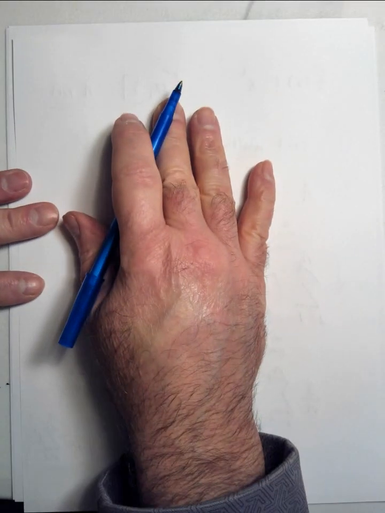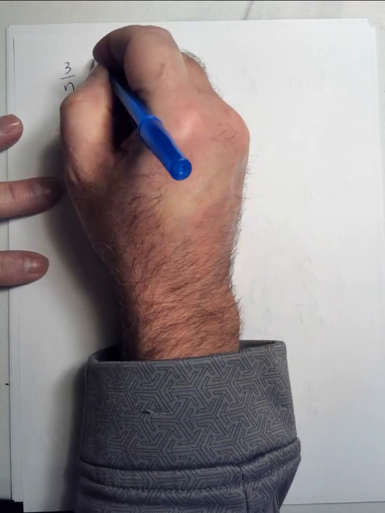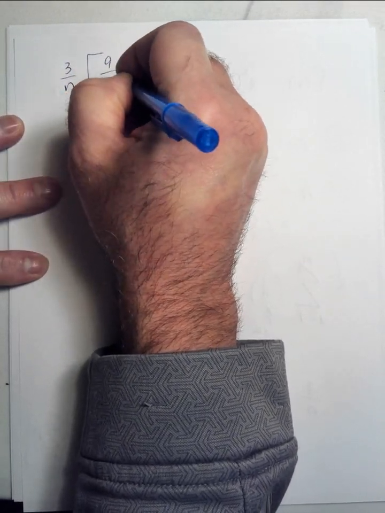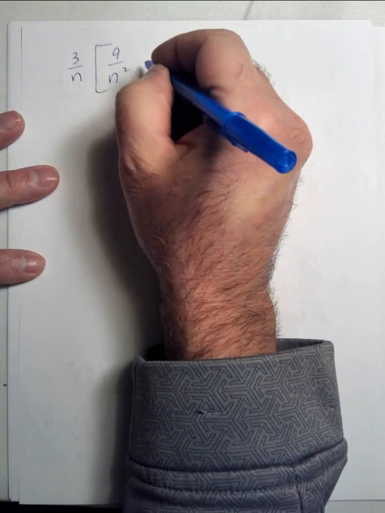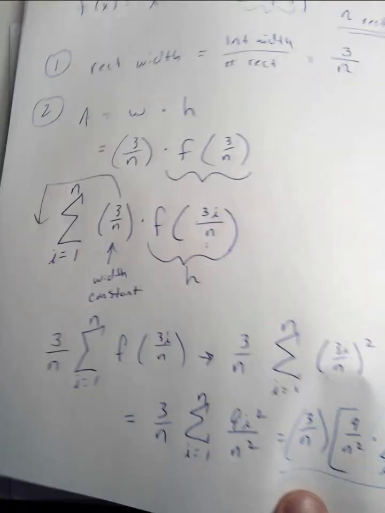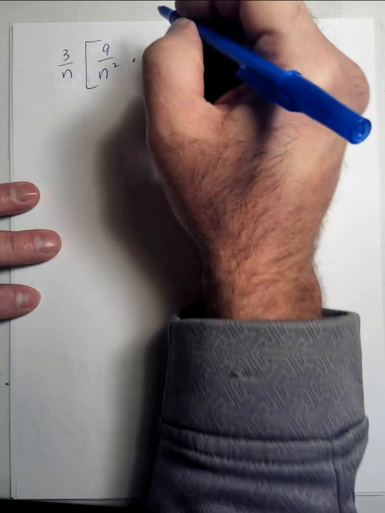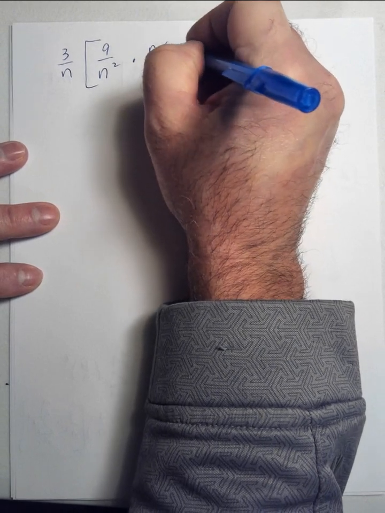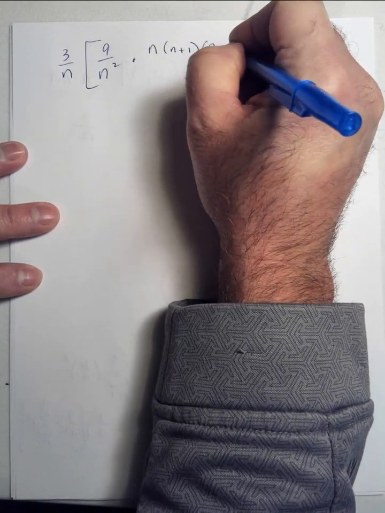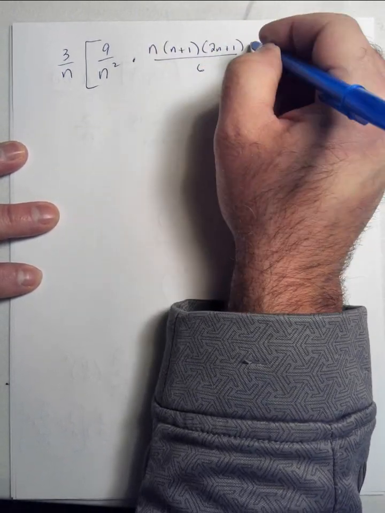So I have 3 over n times 9 over n squared times, and now we need the formula for the integers squared, which is n plus 1, 2n plus 1 over 6.